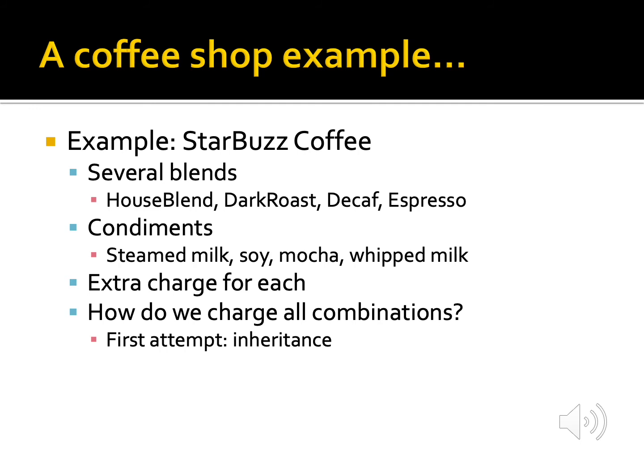It means the client can request an extra topping or condiment from these given options, and each coffee has its own base price. For example, house blend has its own price, dark roast has its own price, and similarly, when you add any extra condiment, the extra cost and charge will be calculated.